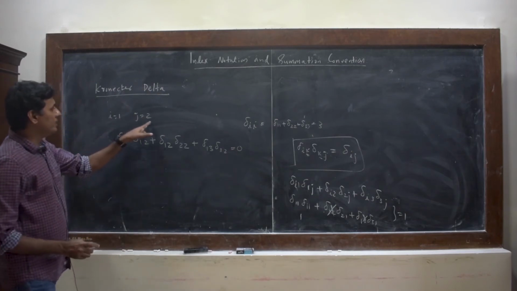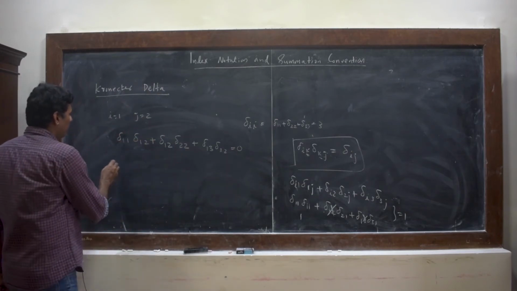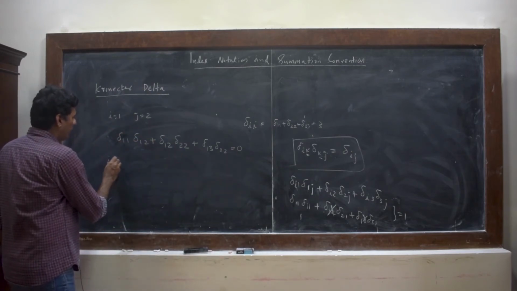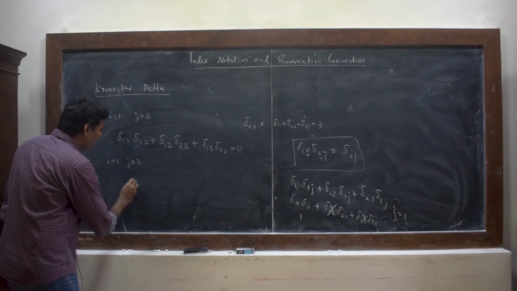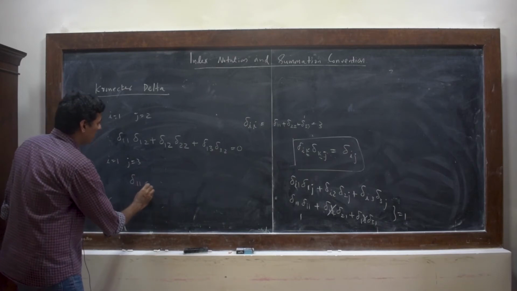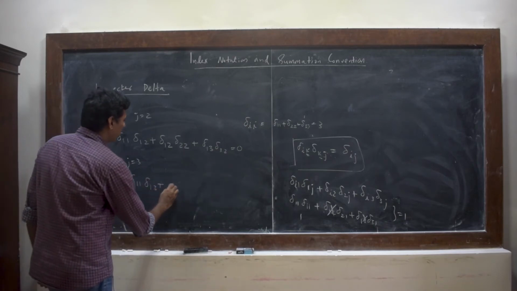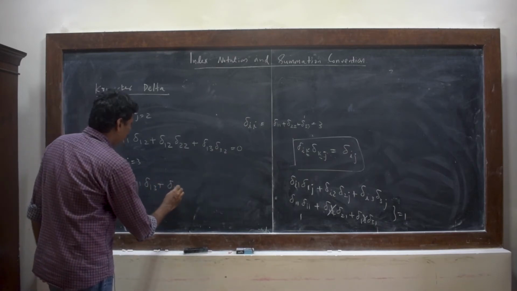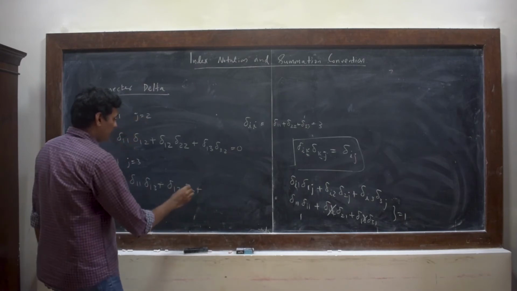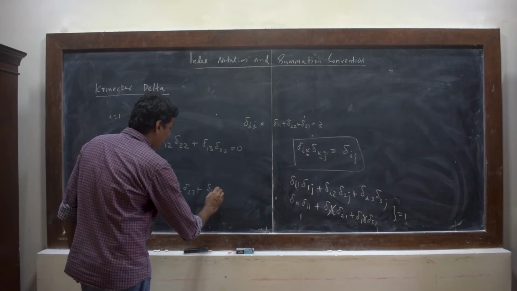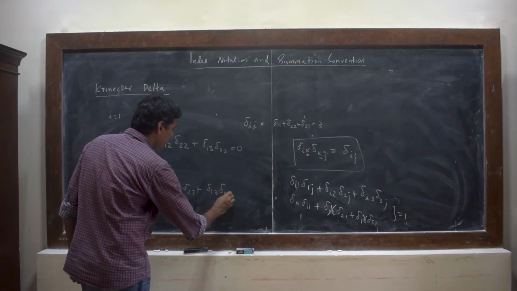So when i equal to 1, j equal to 2, you will get 0, and similarly if i equal to 1, j equal to 3, you will get delta 1 1, delta 1 3 plus delta 1 2, delta 2 3 plus delta 1 3, delta 3 3.